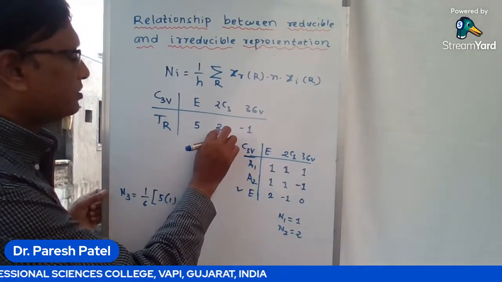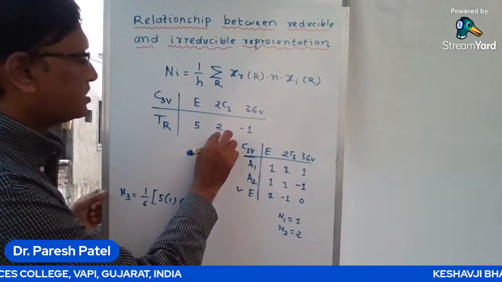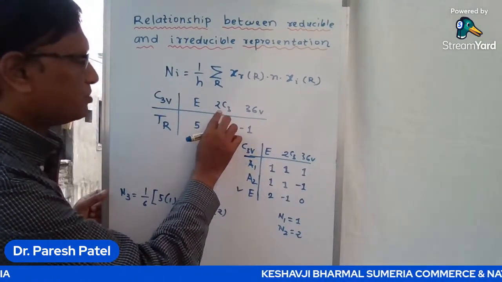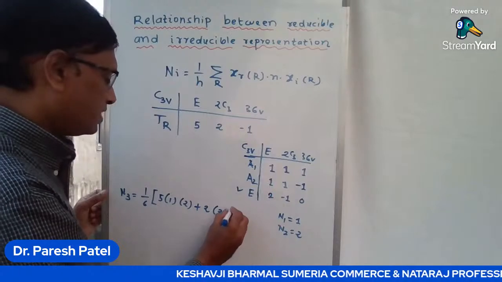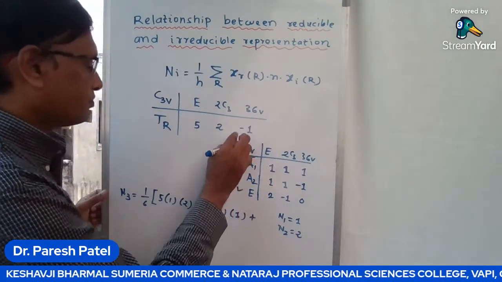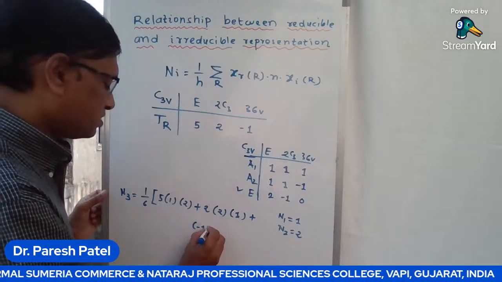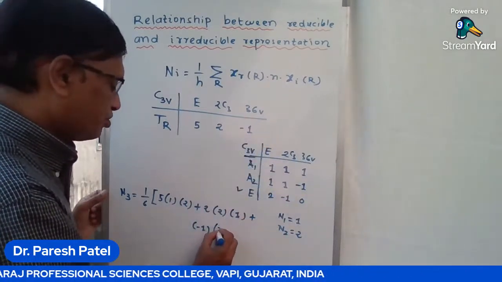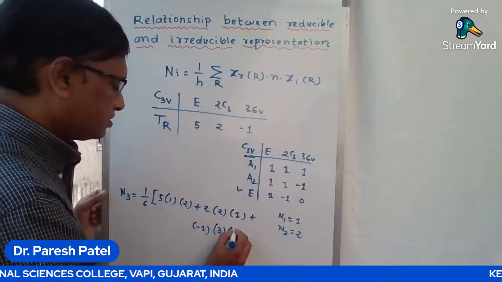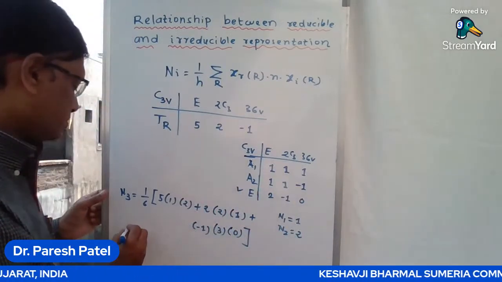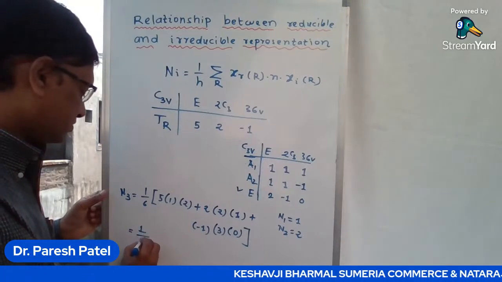Plus, the character for the reducible representation, then the number of the symmetry operation is 2, and again 1. Plus, the character for the reducible representation is minus 1, the number of that symmetry operation is 3, and the irreducible component is 0. So is equal to 1 by 6.